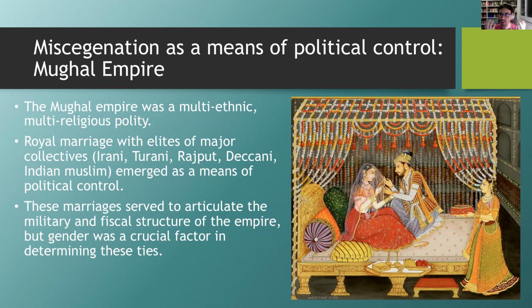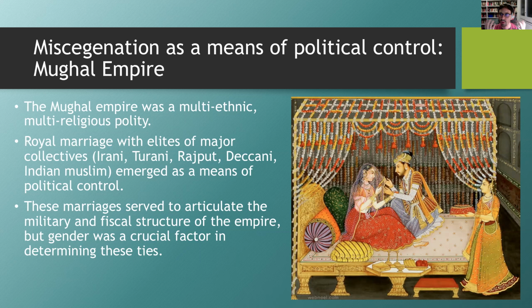Now, as you know, you've learned in Guillermo's session, the Mughal Empire was a multi-ethnic and multi-religious polity. And it was a very well-structured polity. It was a very well administered empire, especially in the 16th century.